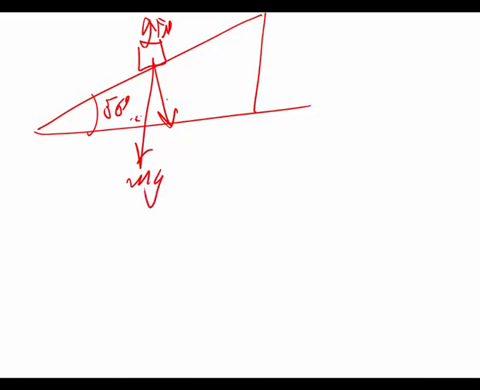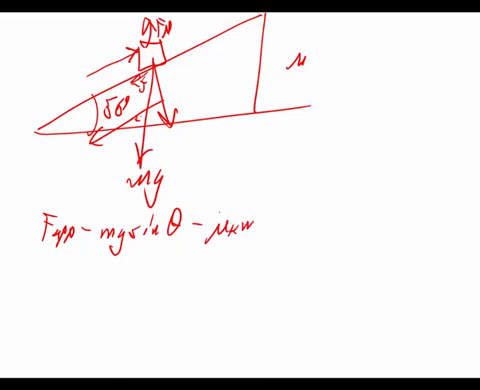MG is this way, so still going to be pulling that way. But now we're pushing it up in the opposite direction. We know that friction's opposite. So we got F applied minus mg sine theta minus mu k mg cosine theta is equal to ma.